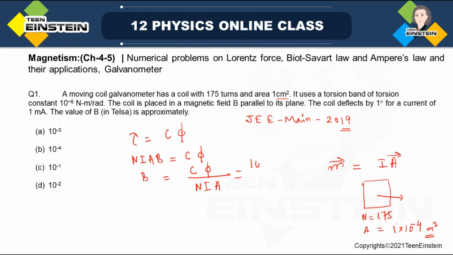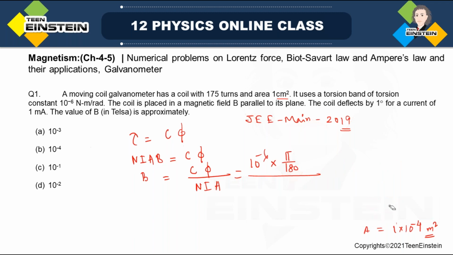C is given 10 to the power minus 6 and phi is given 1 degree. 1 degree means pi by 180 will be 1 degree, so this is in radian. So we have got C and phi over here. Now I'm not writing the units because the units will come.